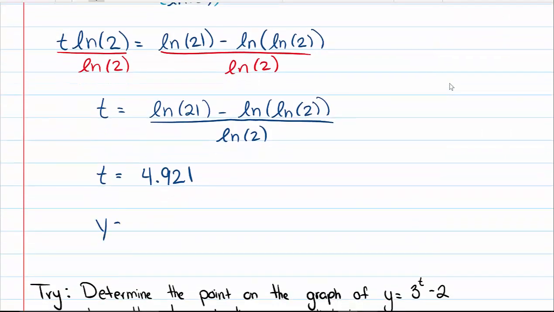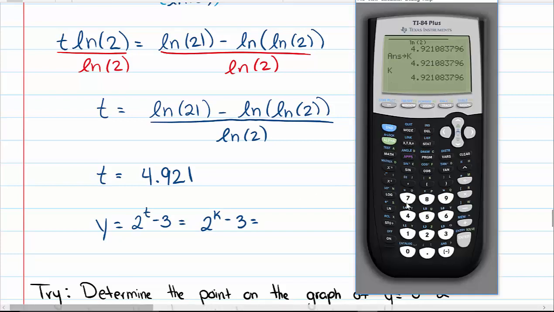To find our y value, we just have to plug the t value in. So the formula was 2^t minus 3. So in the calculator, we're going to put 2^k minus 3. So 2, the power button's right here above the division sign.